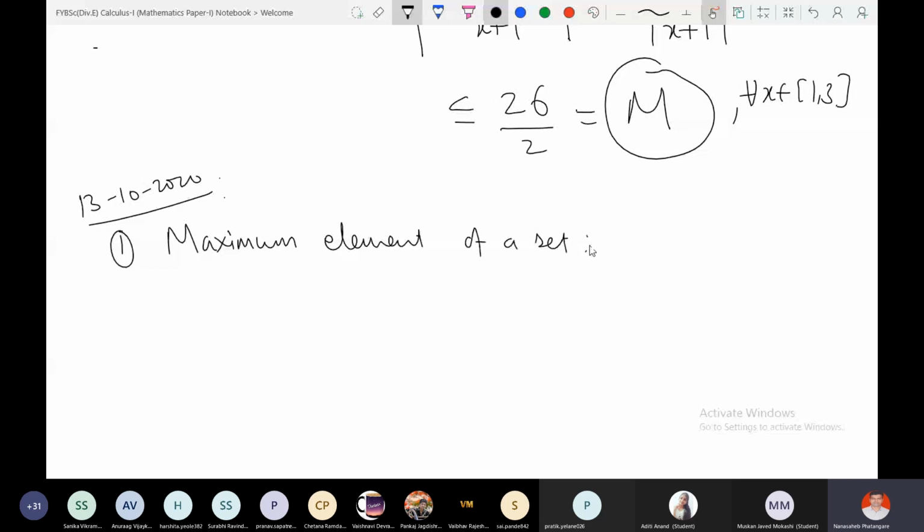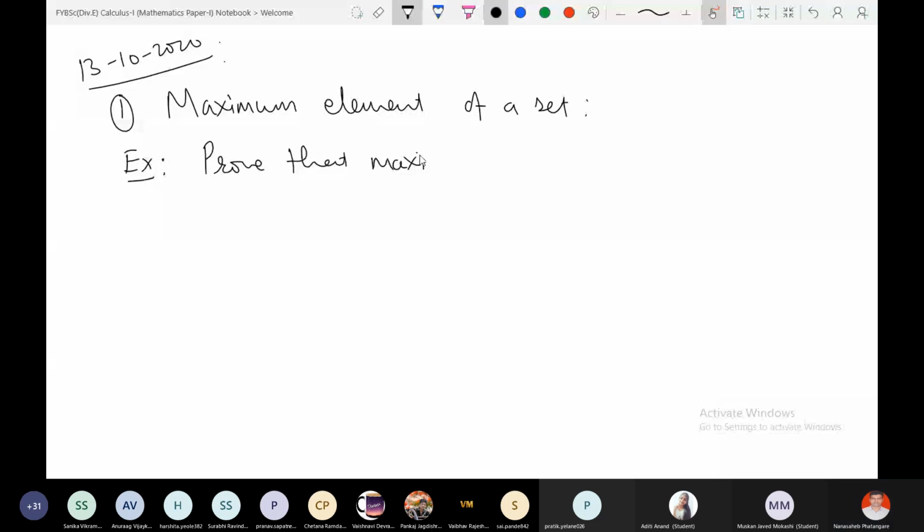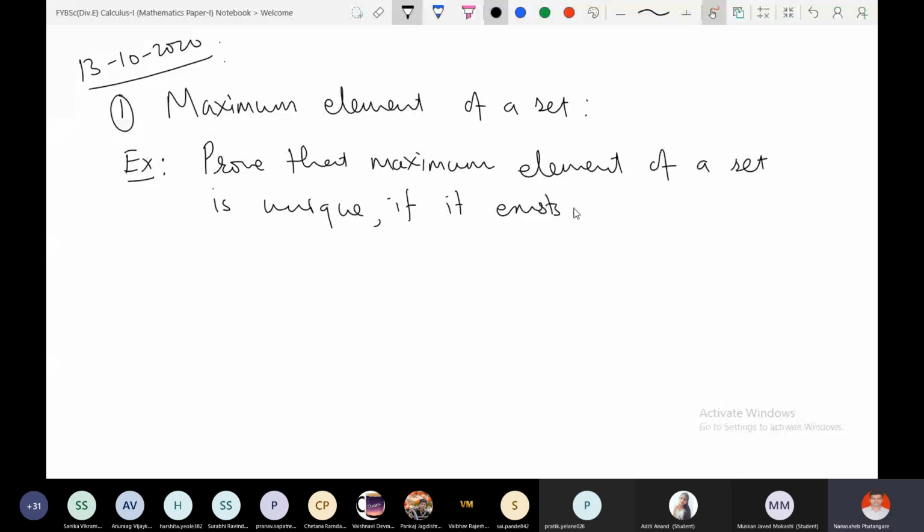So we discussed maximum element, and then an exercise you can work out is to prove that the maximum element of a set is unique if it exists. So if the maximum element of a set exists, then it is unique. So can you prove this?